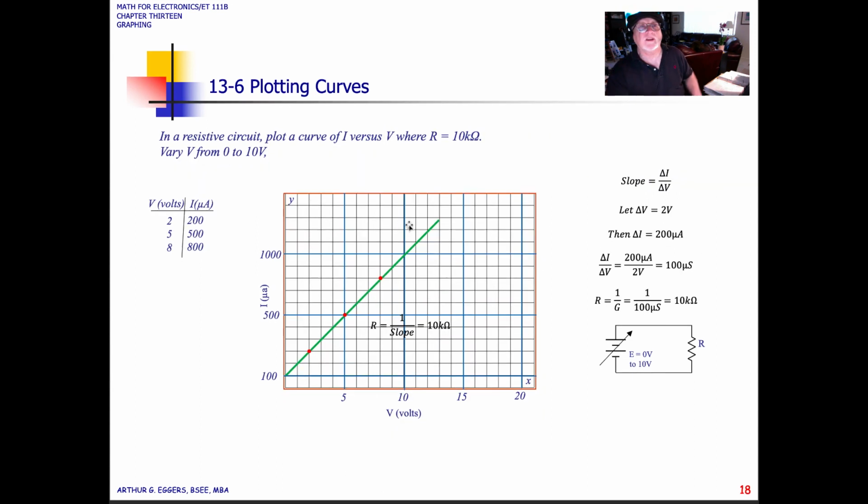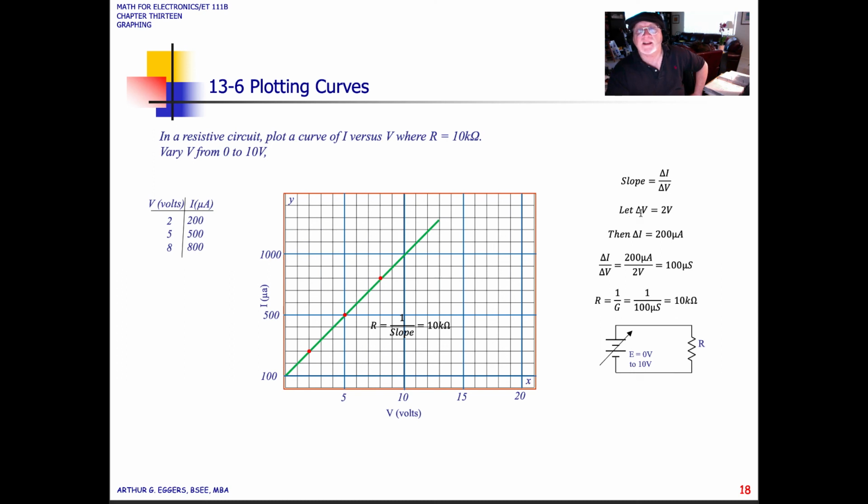Finally, we can take a look at plotting curves. We typically will set up an array. You can see from the chart over here, we have an array of voltage versus current. And as we start plotting our values by putting the selected values into our relationship, or we actually make some measurements, our slope again becomes the change in current with respect to the change in voltage.